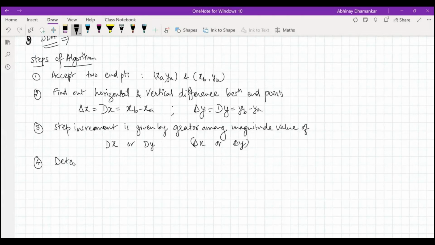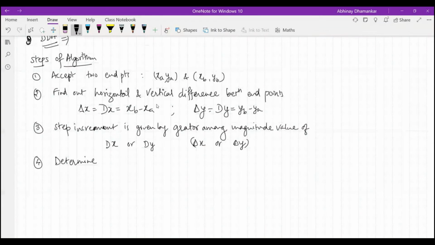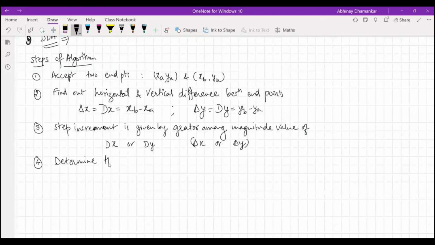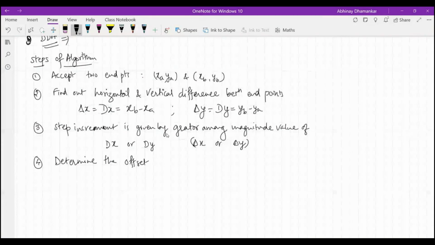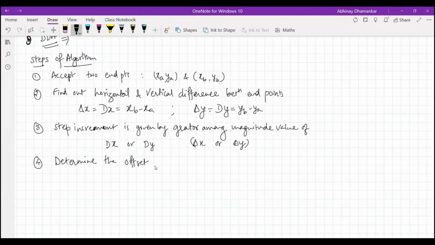Determine the offset. Offset means difference, and all this is needed at each step.